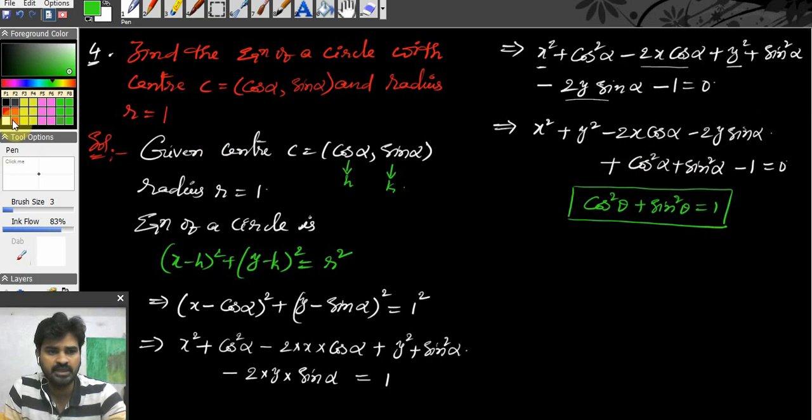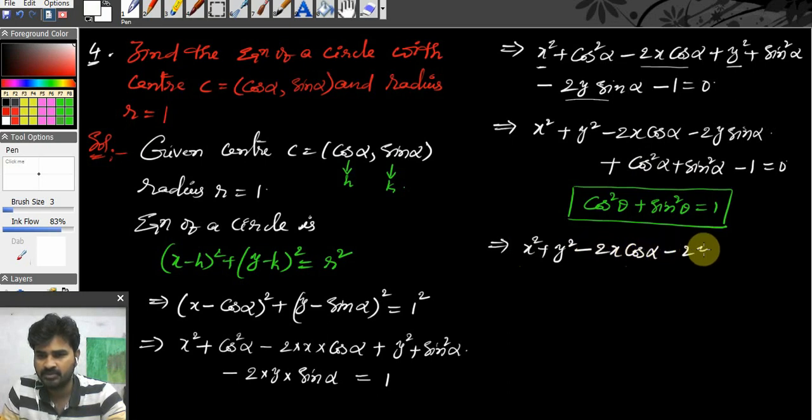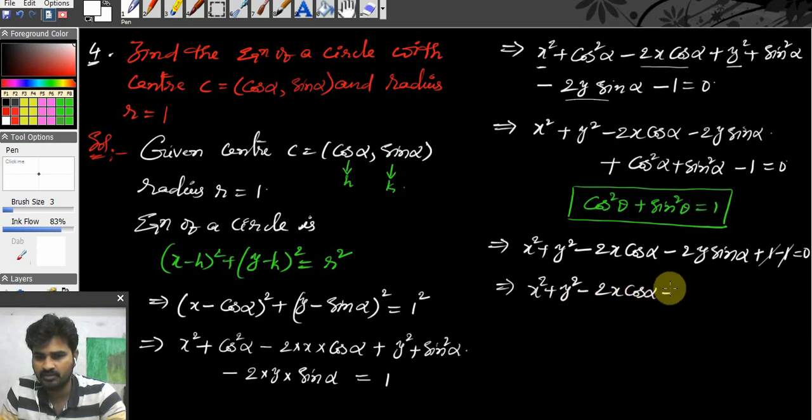You will get x square plus y square minus 2x cos alpha minus 2y sin alpha plus 1 minus 1 is equal to 0. Cancelling them, you will get x square plus y square minus 2x cos alpha minus 2y sin alpha is equal to 0. This is the equation of our required circle.